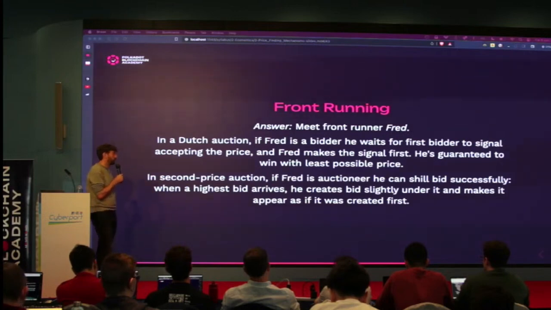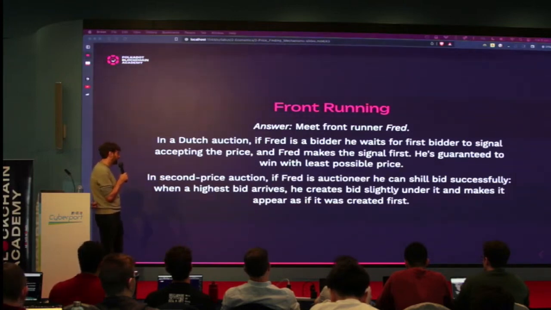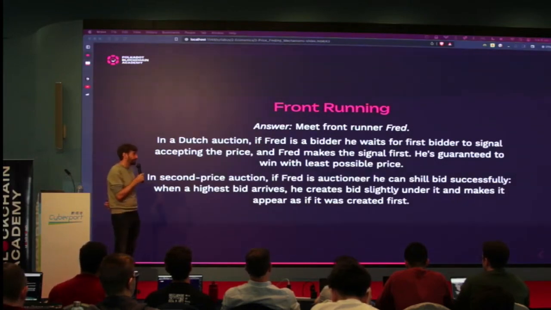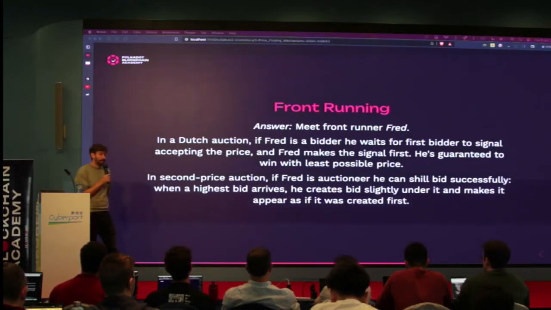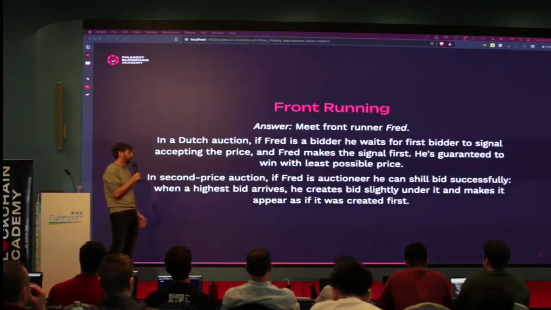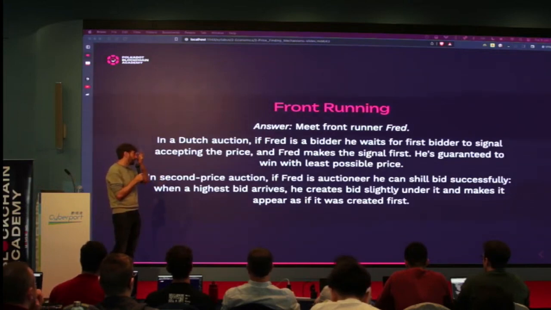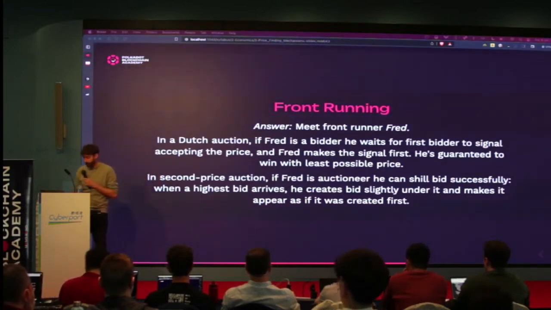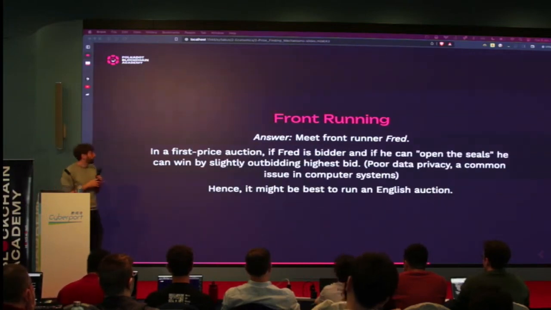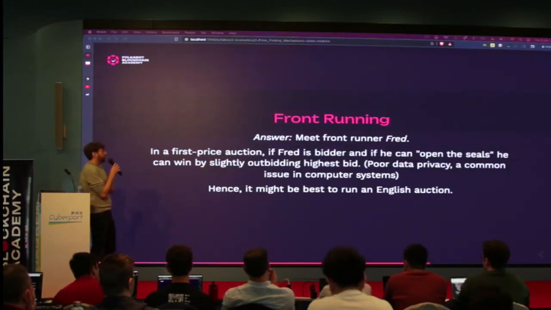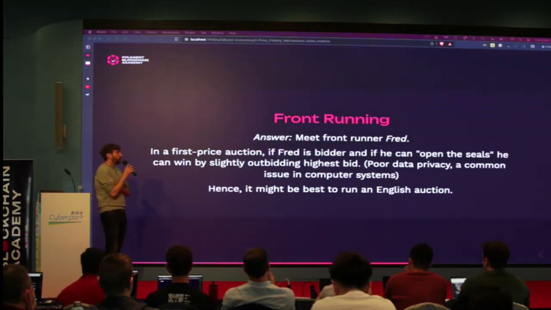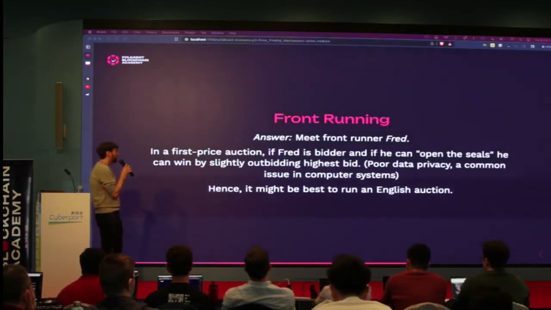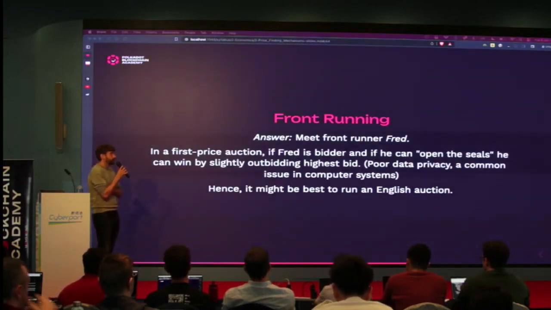A second price auction, if Fred is auctioneer, he can shill bid successfully. That is the example that I gave before. When a higher bid arrives, he can create a bid slightly under that and make sure it appeared as if it was created first, and then drive up the price. In a first price auction, if Fred is bidder and he can open the seals, he can win by slightly outbidding the highest bid.